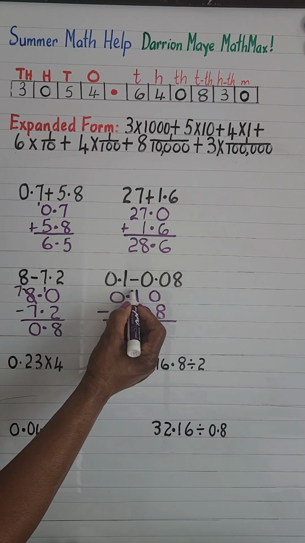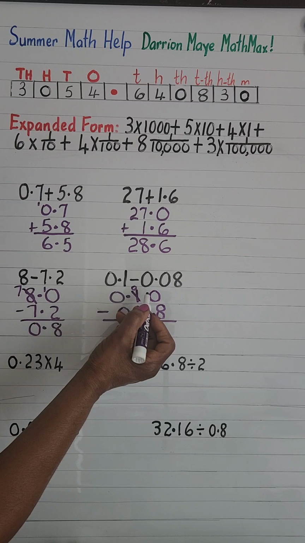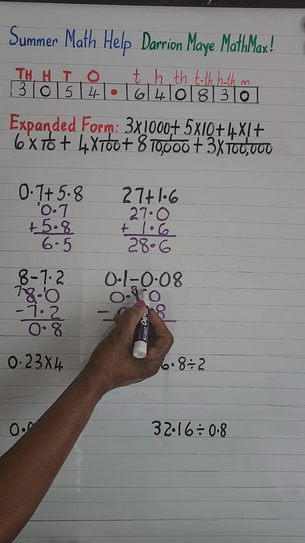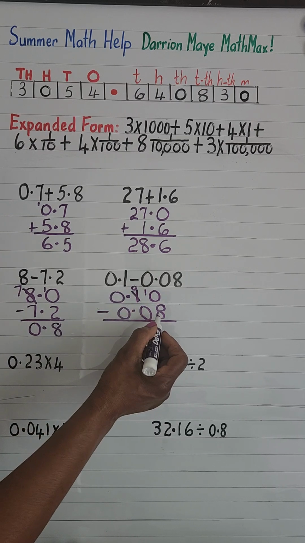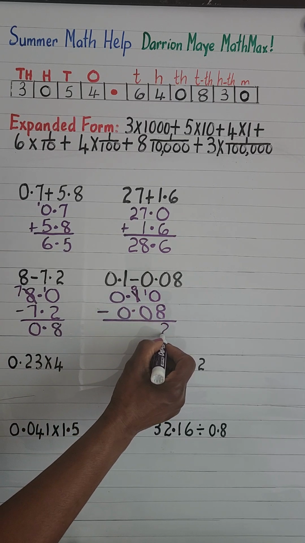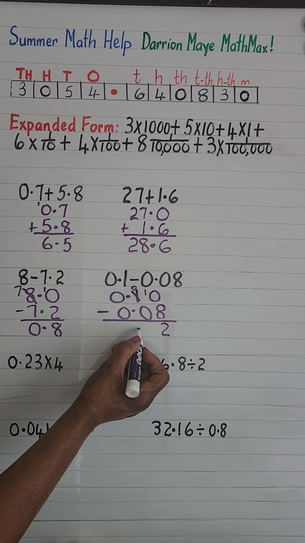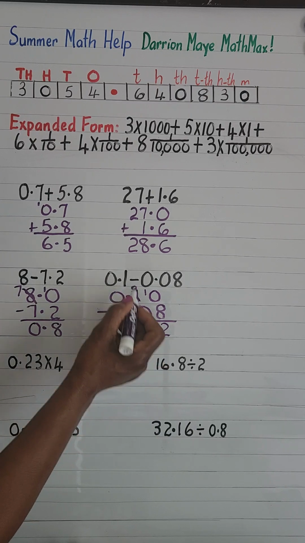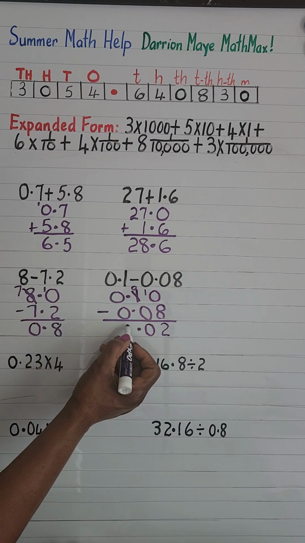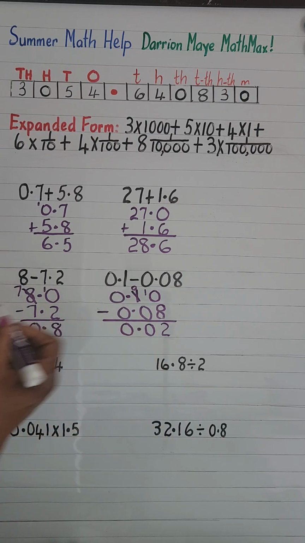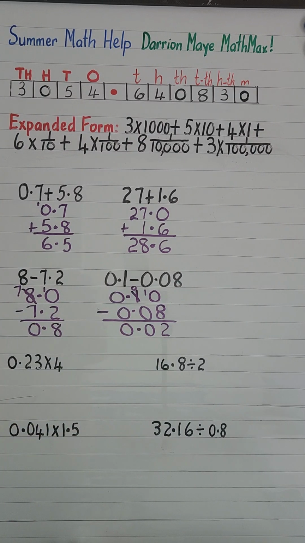We borrow 1, leave 0. And the 1 is 10. 10 plus 0 is 10. Now we can subtract. 10 take away 8, 2. Let's line up the point. 0 take away 0, 0. And 0 take away 0, 0. And your answer is 0.02.